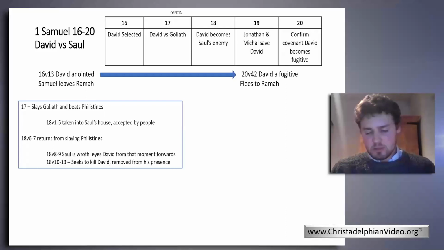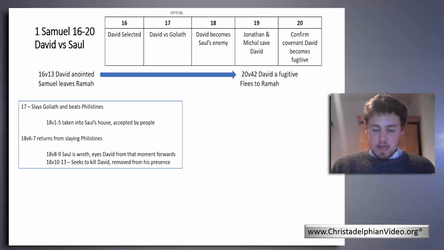He establishes this relationship with Jonathan, a very close relationship, and he is established before the people in verse 5 of chapter 18, where David goes out and behaves himself wisely, and Saul sets him over men of war, and he's accepted.